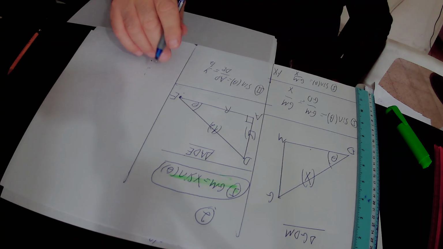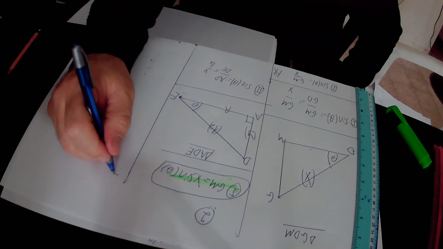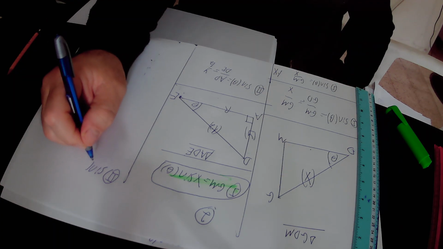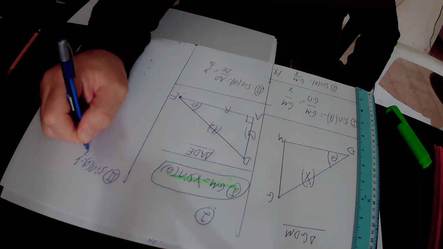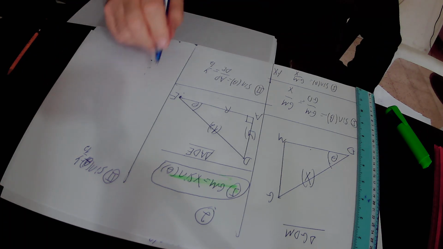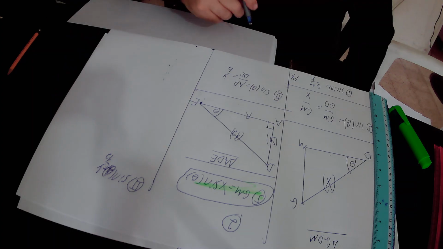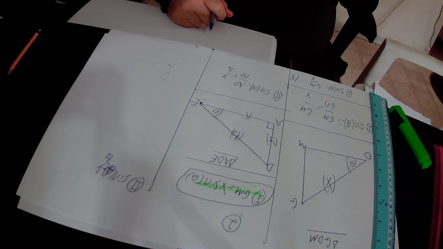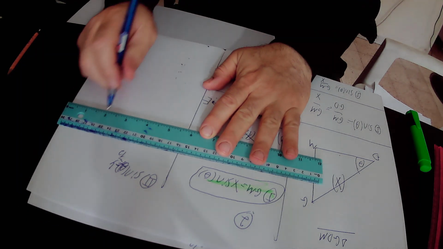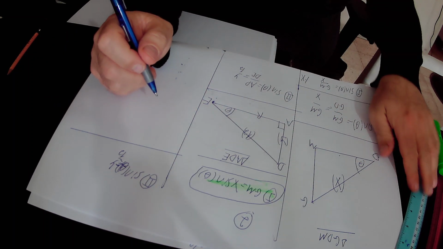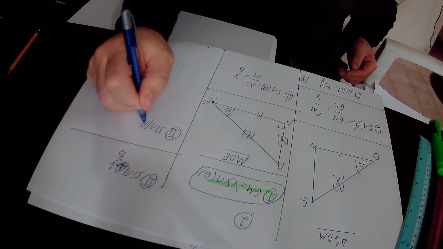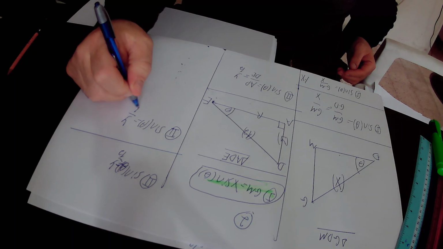So in total, I actually found out that according to equation 2, sine theta equals y over 12.